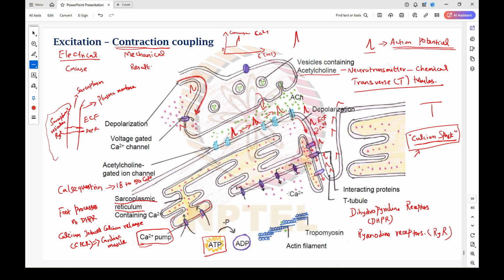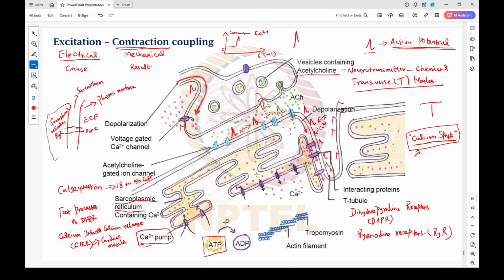All of this happens across transverse tubules, which are basically gaps between two sarcomeres, like troughs between two sarcomeres of sorts, like these.